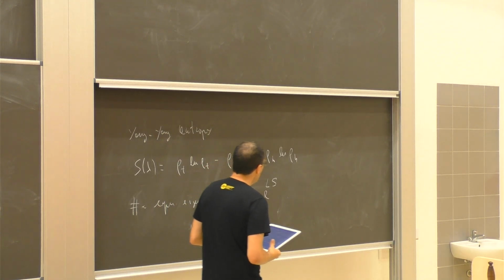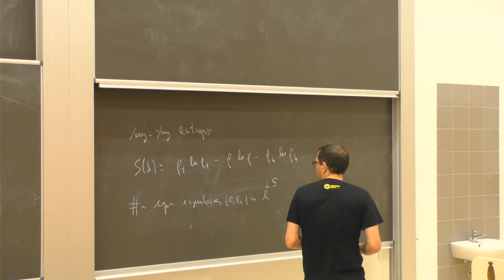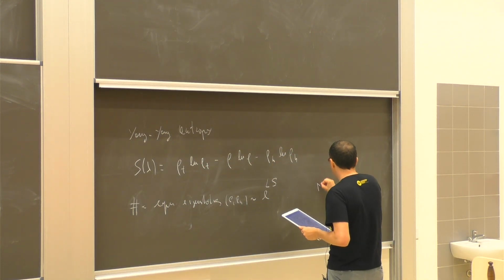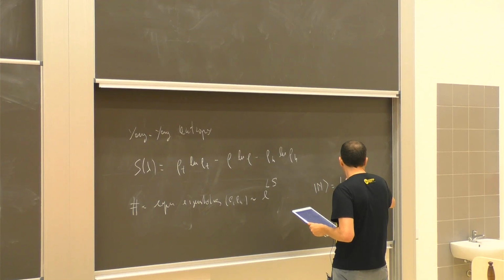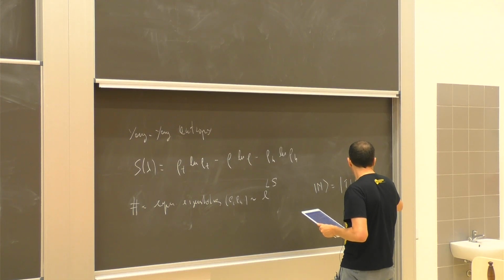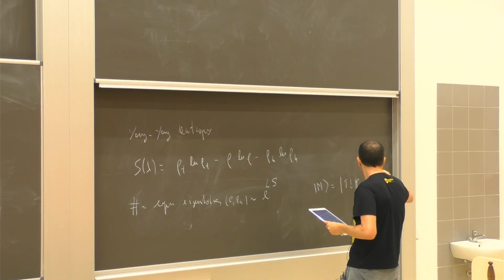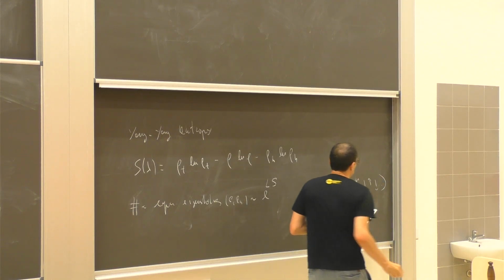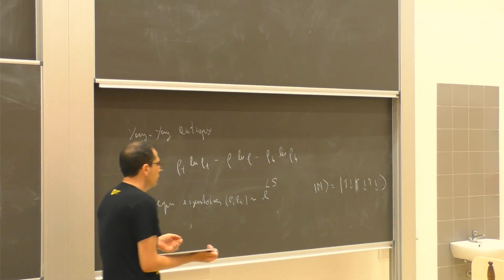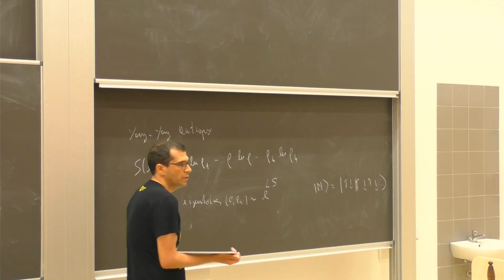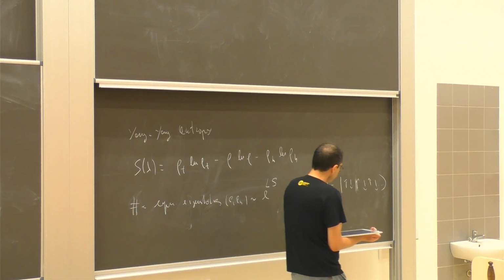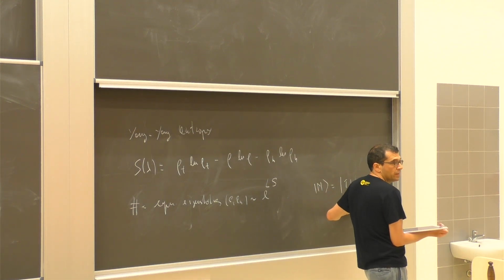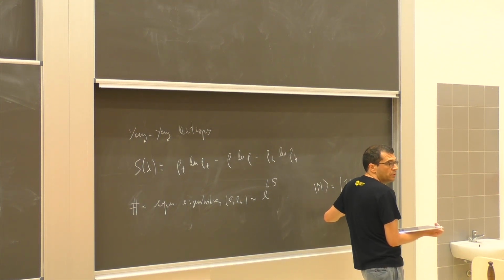So, for instance, if you take the quench from the null state, you can argue, and you can show also in numerics, that the system reaches an equilibrium state, which is a GGE.